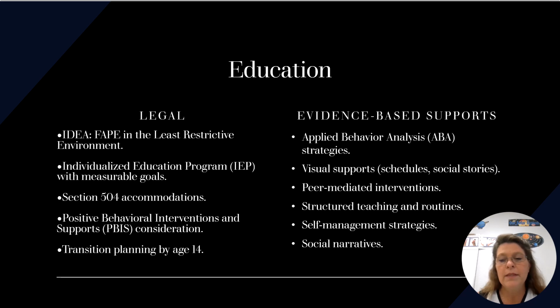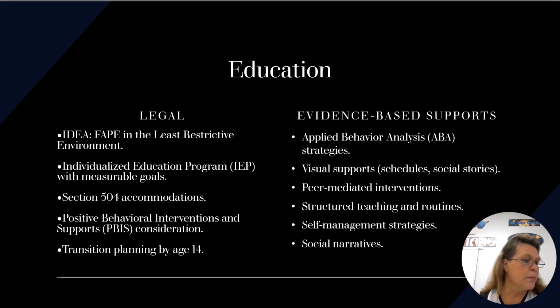So what does that look like at school for education? Well, schools are obligated to provide free and appropriate public education. They are required to offer the least restrictive environment for these students. IEPs should be individualized to that one student, not your whole class.